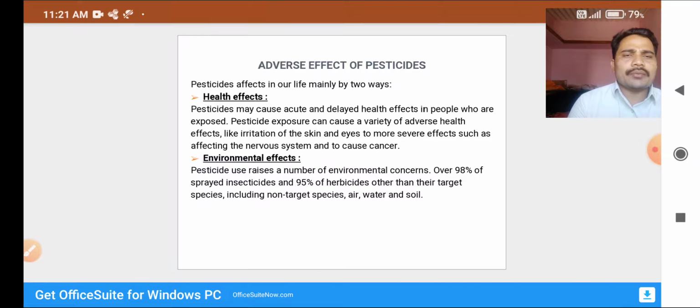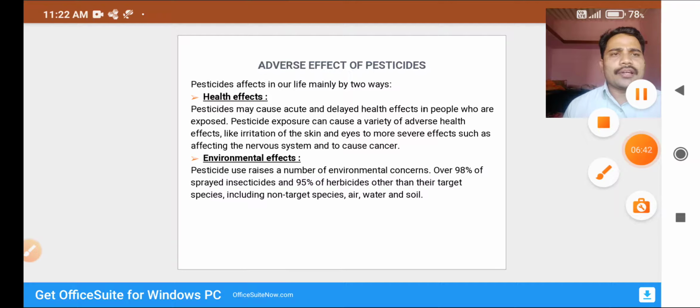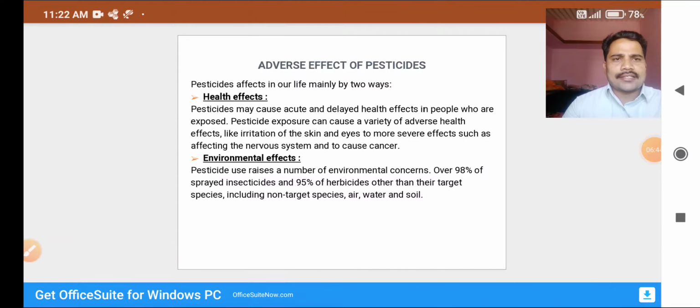This smell is inhaled by humans, the respiratory tract can be infected, and a variety of adverse health effects can be caused, like irritation of the skin, eyes, and nose, and severe effects from inhalation. They mainly affect our nervous system. Long-term exposure to pesticides may cause cancer.